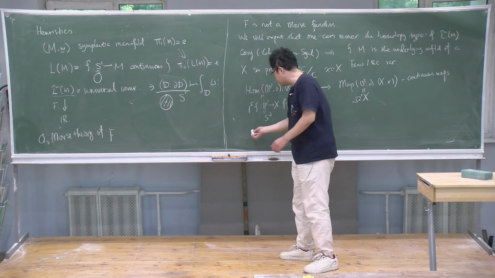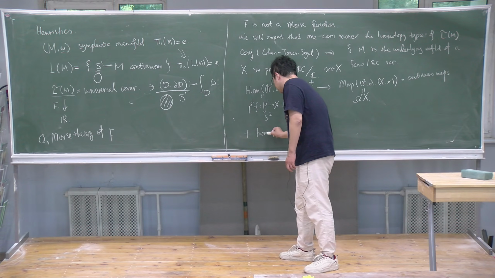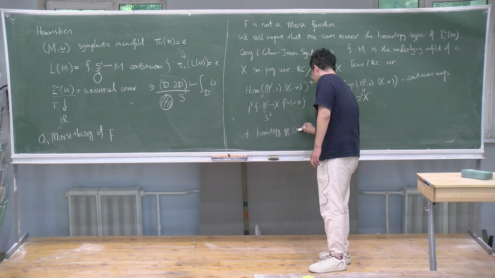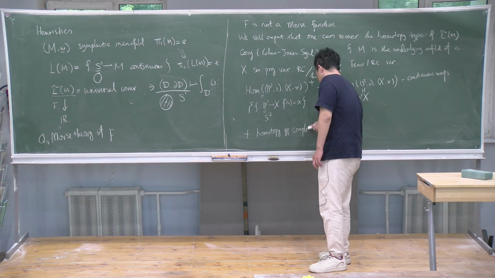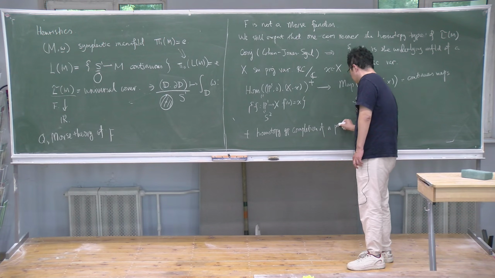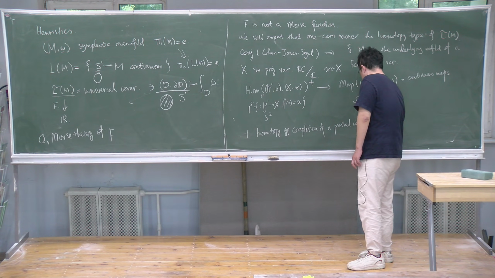This plus sign should be a homotopy group completion of a partial compactification.